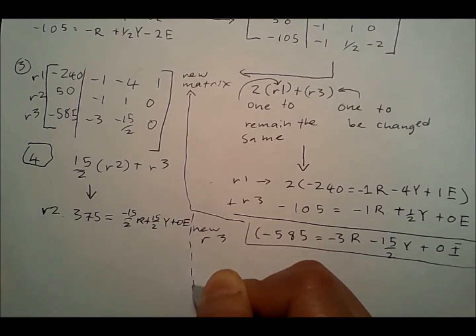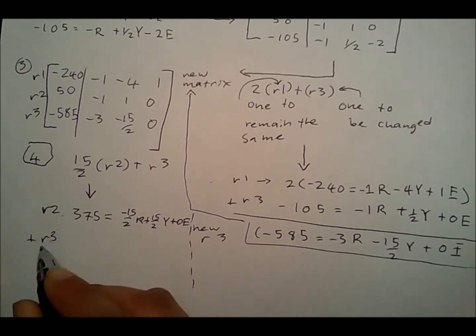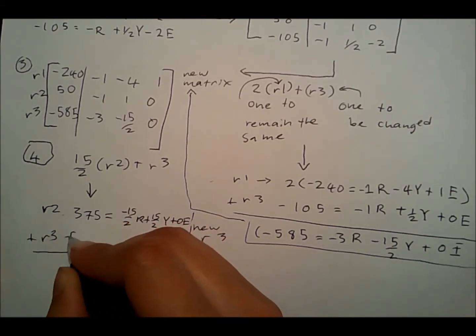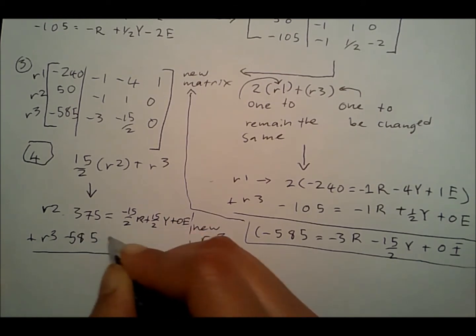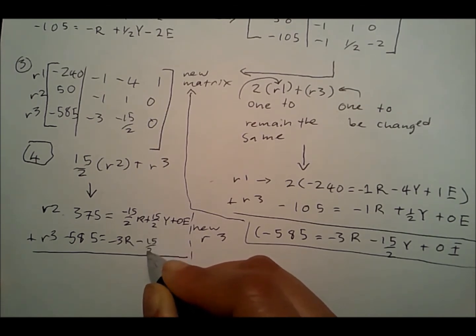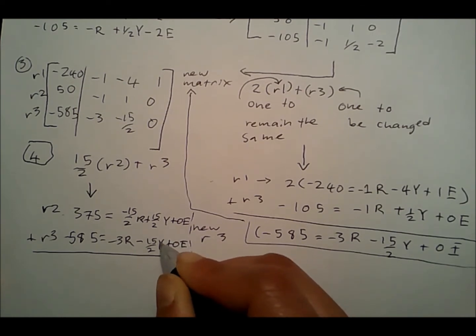And of course that's after we multiplied 15 halves times row 2. And we're going to add this to row 3, which is going to be negative 585 equals negative 3r minus 15 over 2y plus 0e.